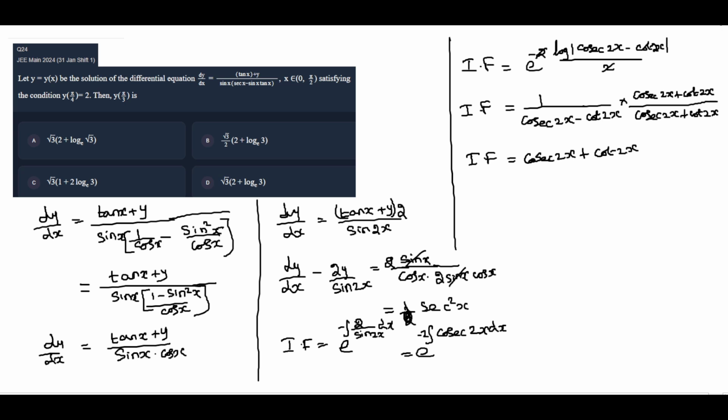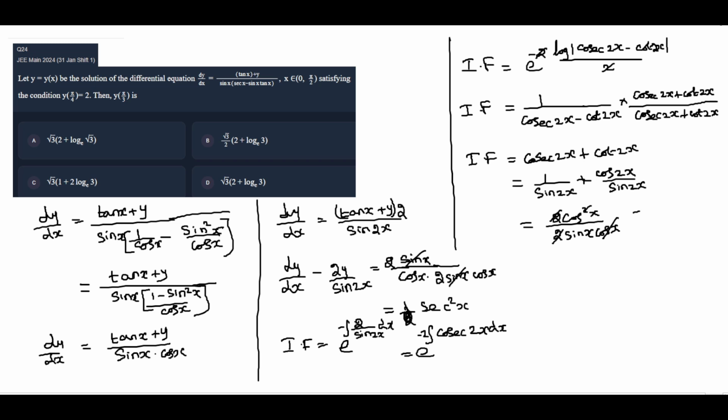Still we need a simplification. Cosecant 2x means 1 by sin 2x, plus cot 2x means cos 2x by sin 2x. So 1 plus cos 2x is 2 cos square x, by sin 2x is 2 sin x cos x. 2 cancels.